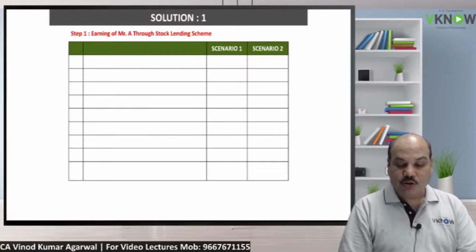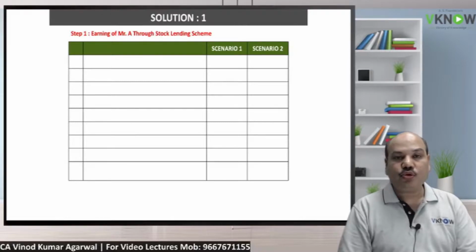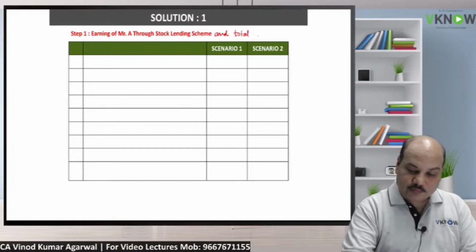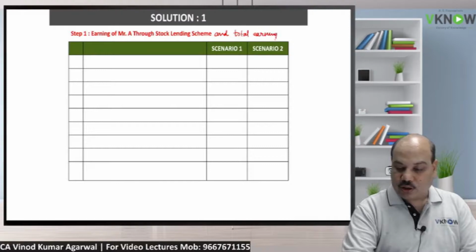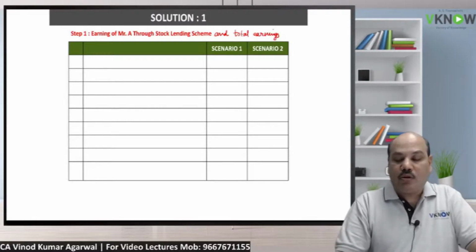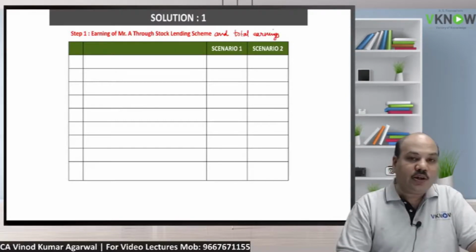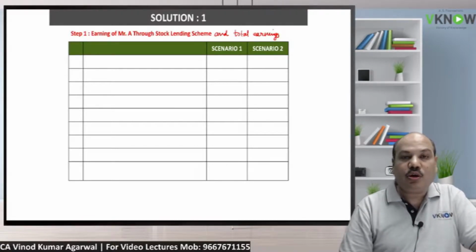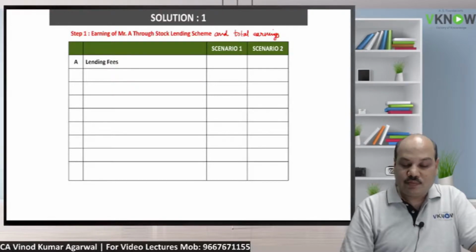So the first step is we'll find out the earnings of Mr. A through stock lending scheme and total earnings, right? So both the answers, part 1 and part 2, in the same table. On the right hand side we have two columns, scenario 1, scenario 2. So first we'll find out lending fees received.